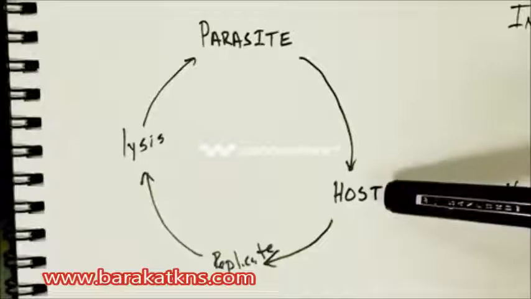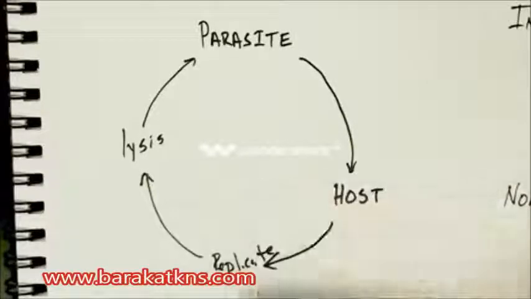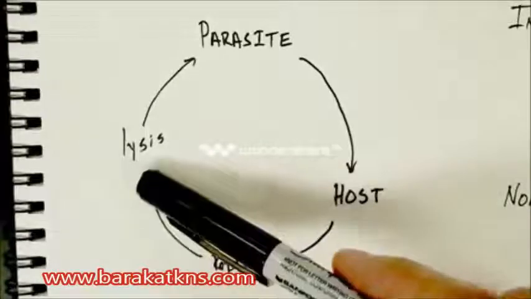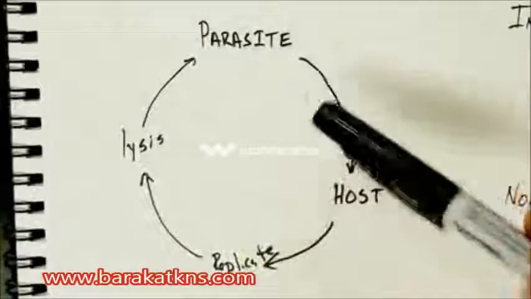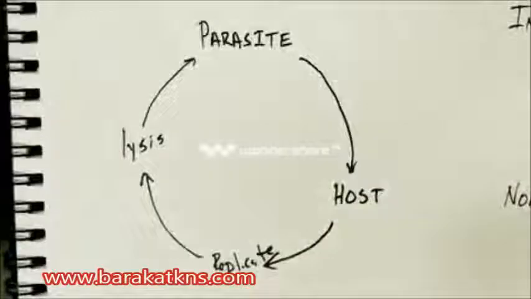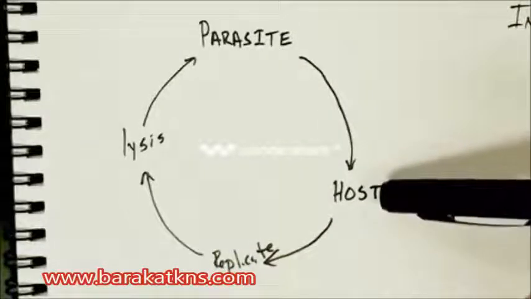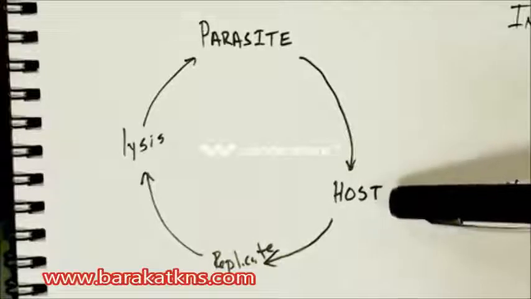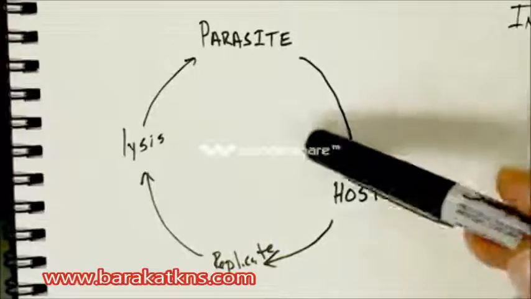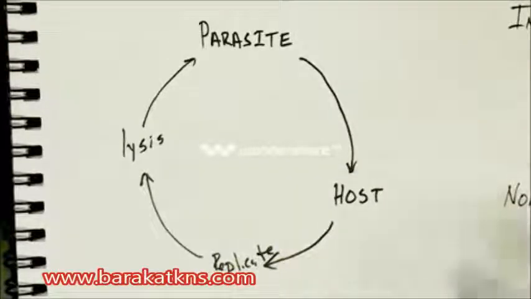Once in that host, it will then replicate itself and make more copies of itself. But ultimately what's important is its ability to then get out and spread to other species, and that's called lysis. So this idea that the parasite needs to get in the host, and in the case of influenza, that's actually in the cells of the respiratory system, it needs to do what we call infection.